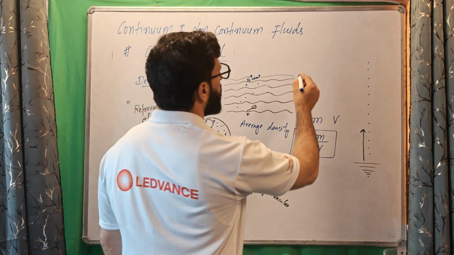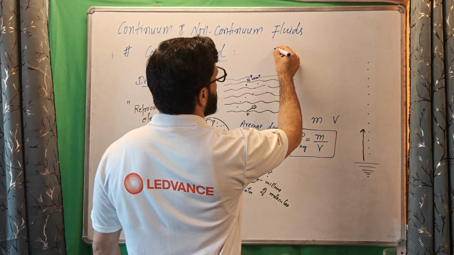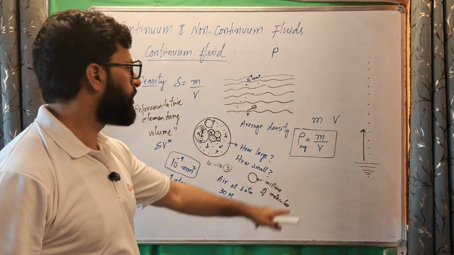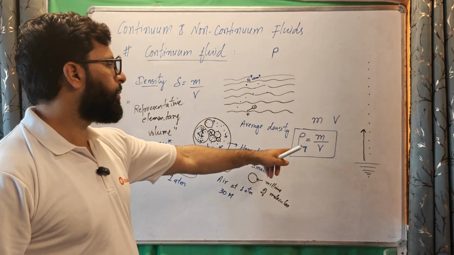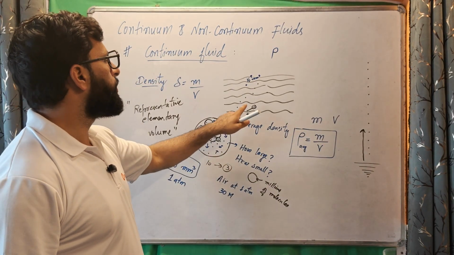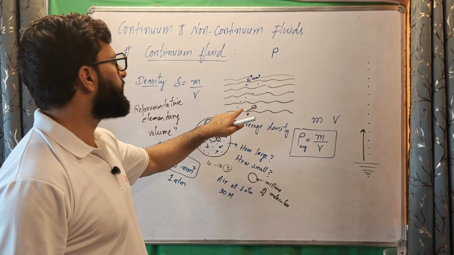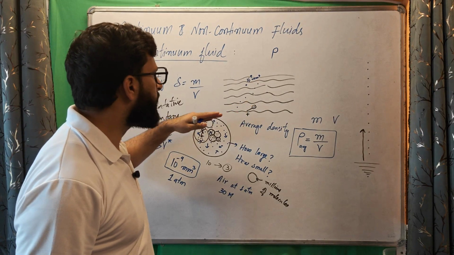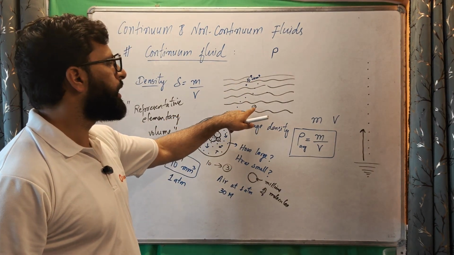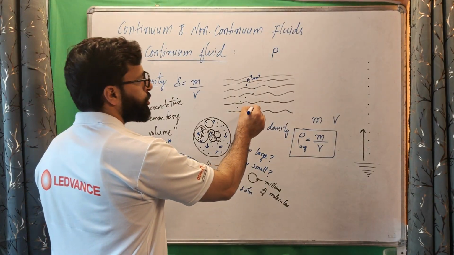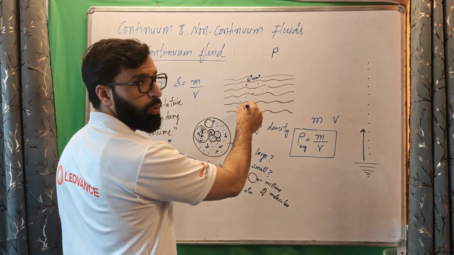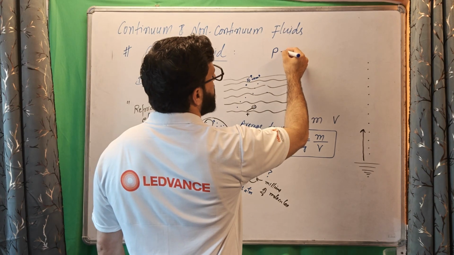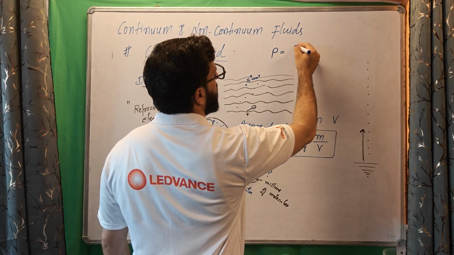Next we define the density at a point. Now, not the average density. In some problems we know that it's very simple, but we want to see how the density is defined at a point and how the density varies from point to point. At a point we define it by choosing a smaller volume around that point, and that density will be the exact density at a point.